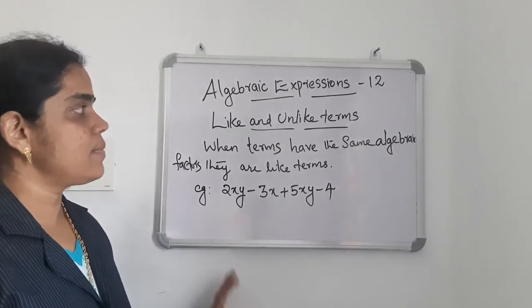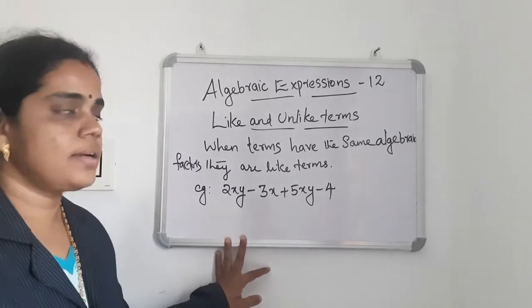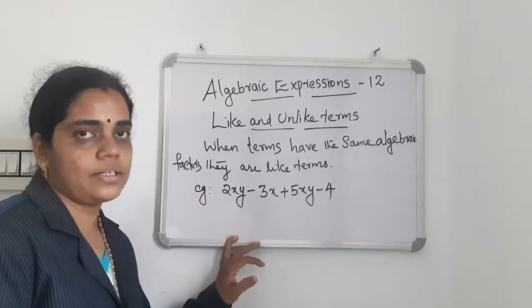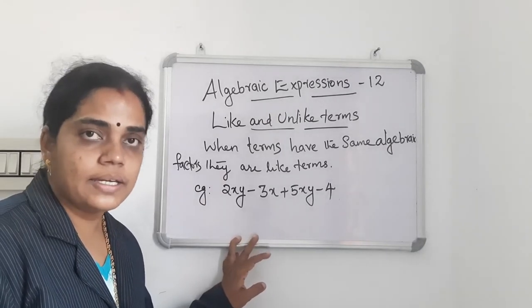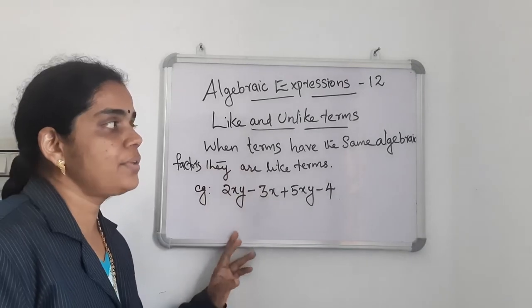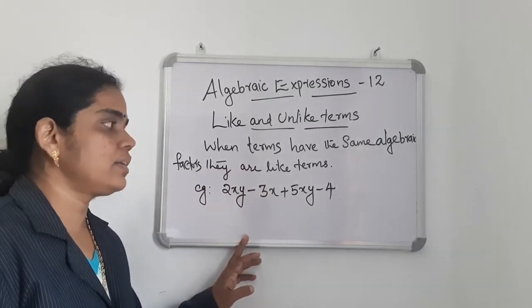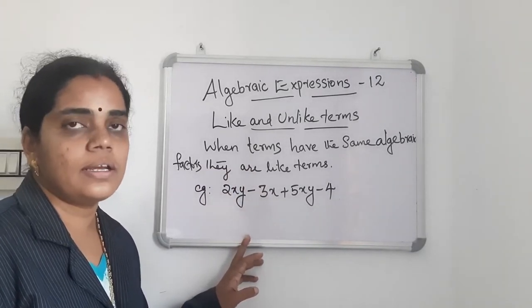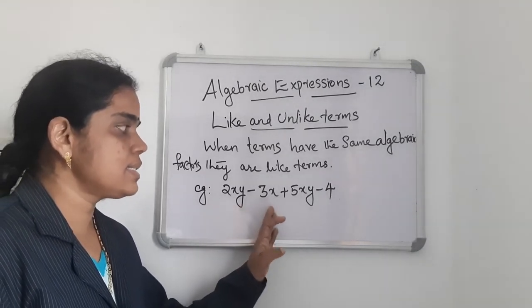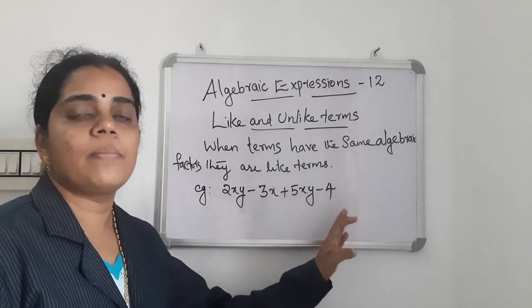Next we can discuss like and unlike terms. When terms have the same algebraic factors, they are called like terms. So it is obviously clear, when terms have different algebraic factors, they are called unlike terms. One example is given, 2xy minus 3x plus 5xy minus 4.